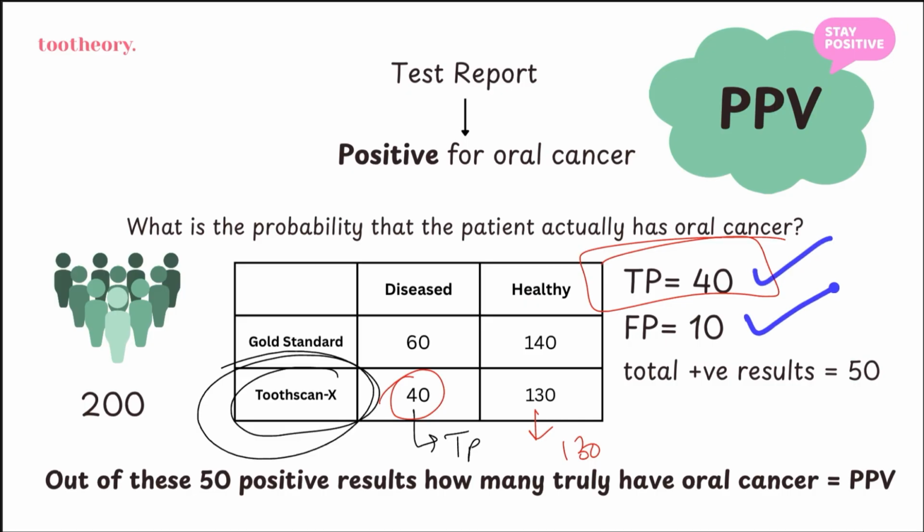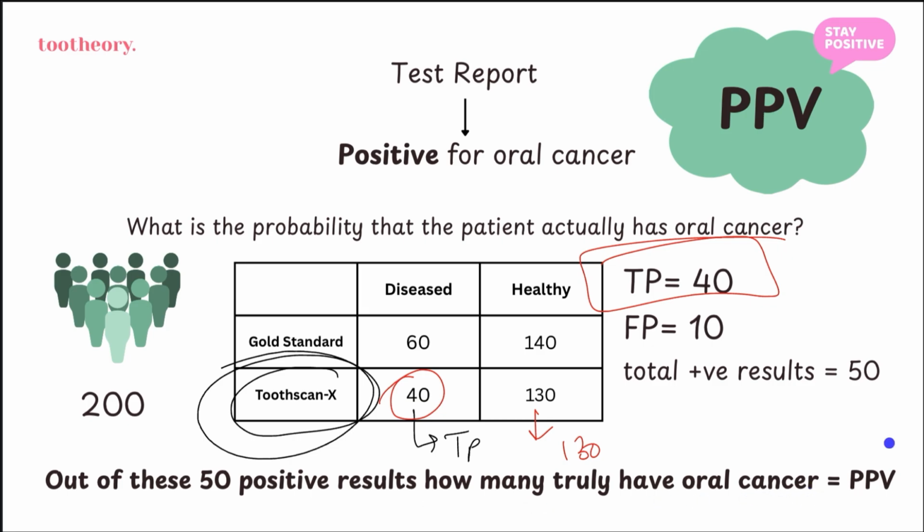So how are there 50 positive results? We add all the positive results, the true and the false positive, which is 40 plus 10, and we get 50.